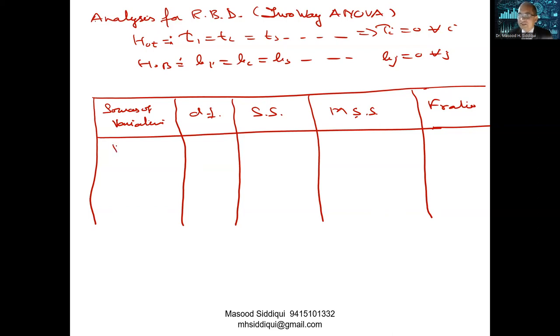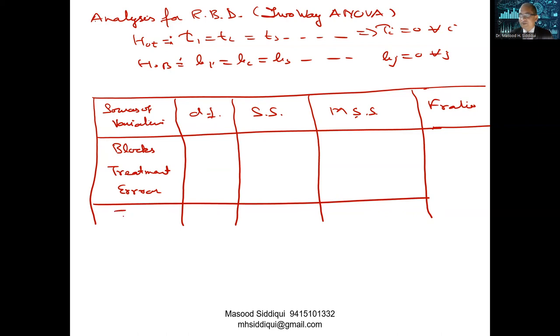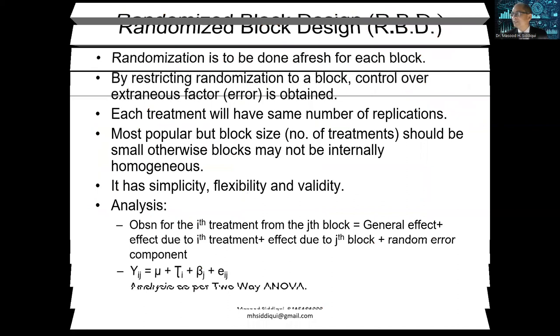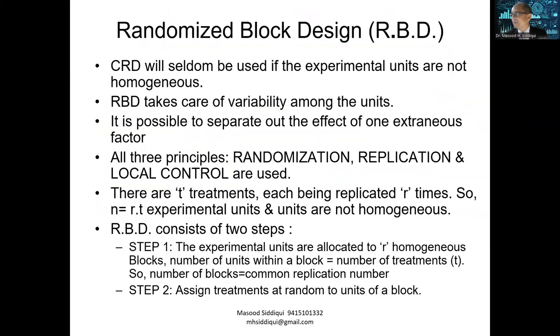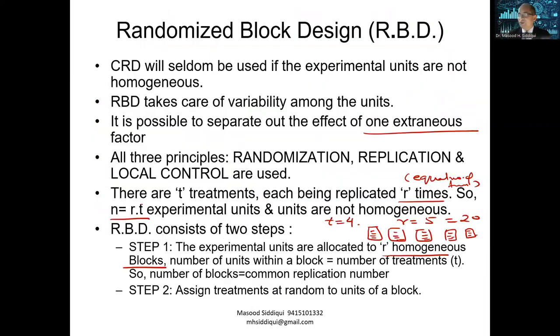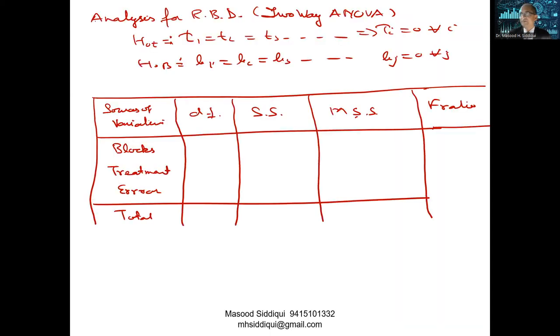The first row is the blocks. The next one is the treatment. Next we have extraneous or the error, and then the total. As we have discussed, the number of observations here would be N equals RT. The total degrees of freedom would be RT minus 1.